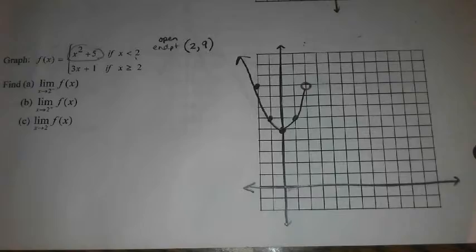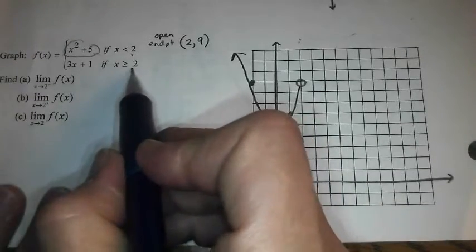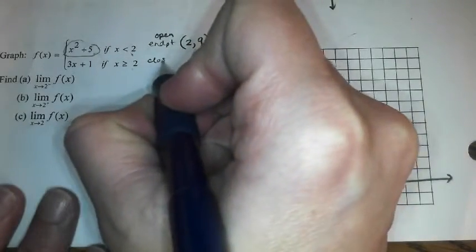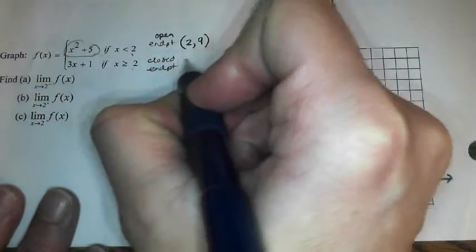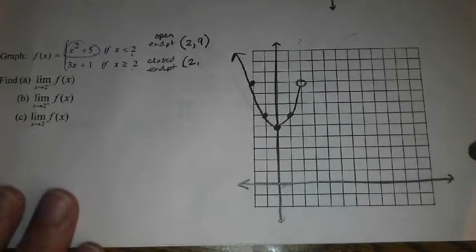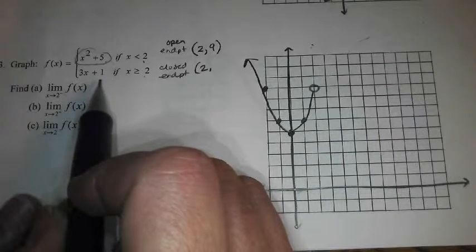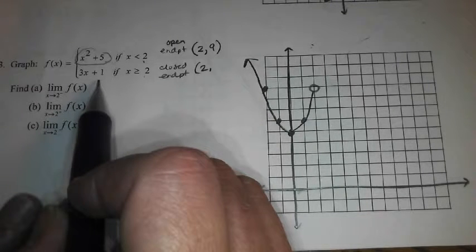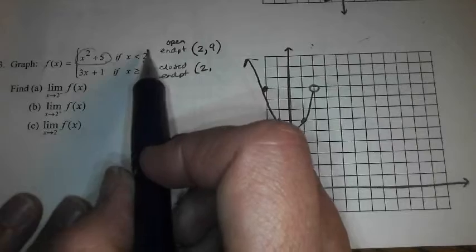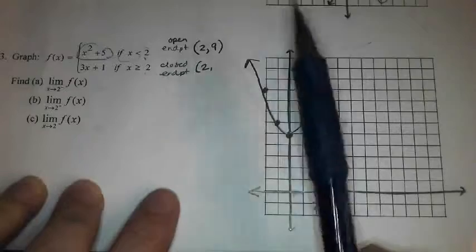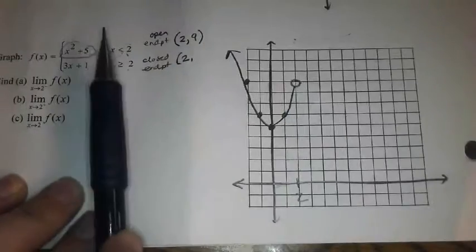And then once x equals 2, and then on the higher side of 2, I have a closed endpoint at 2 comma what? I haven't graphed it yet. Because I graphed the parabola every place less than 2. Here's 2. I graph the parabola every place less than it.